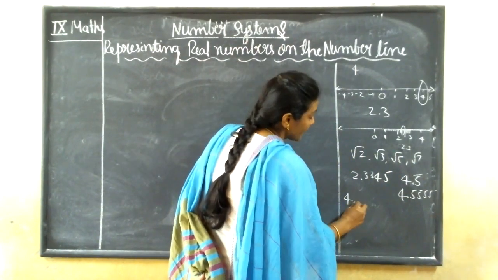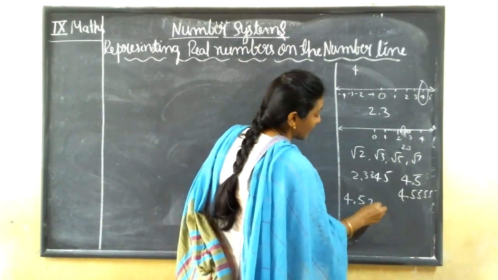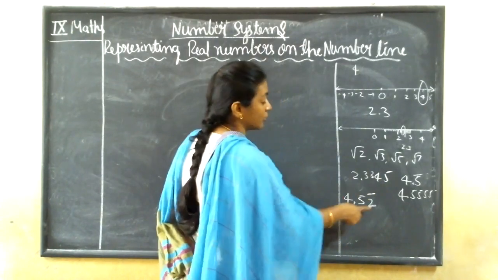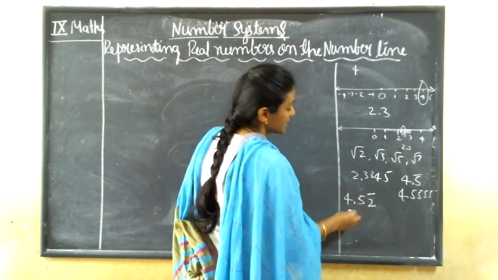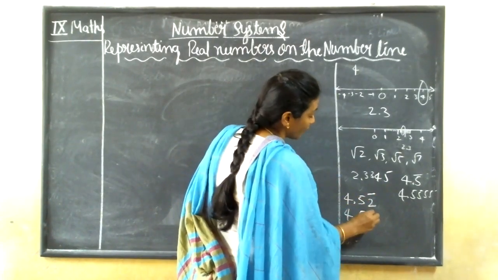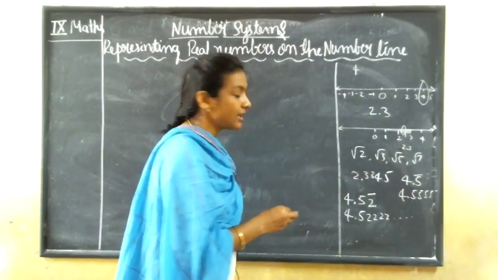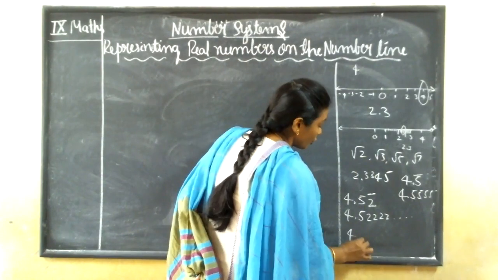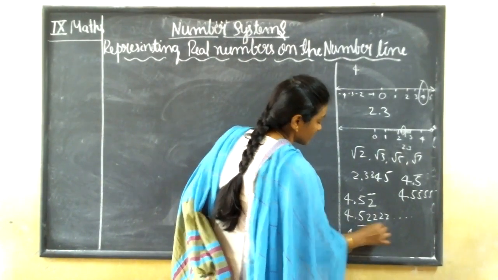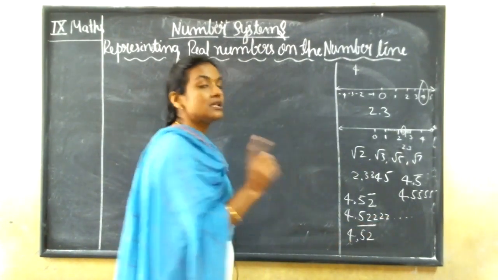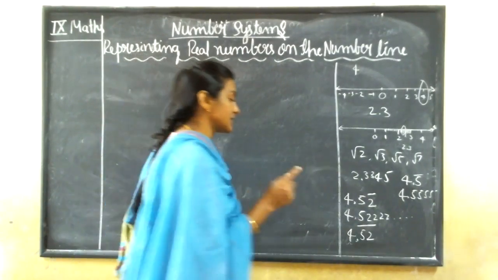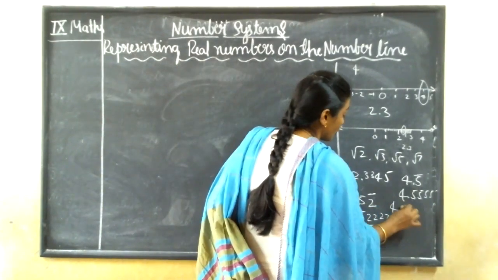If I write 4.52 and the bar is only on the 2, then we get 4.5222 and so on, right? If I write 4.52 like this and the bar for both the digits 5 and 2, how will we write this one?